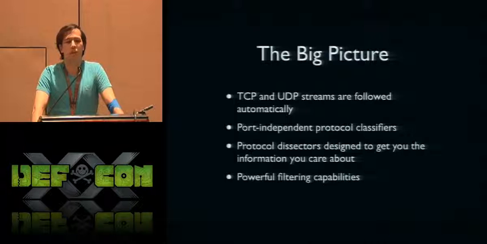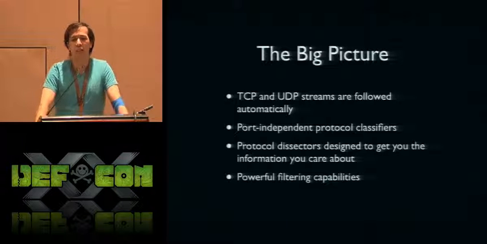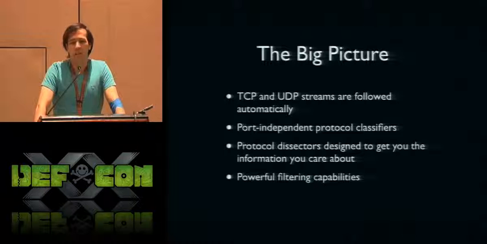But even better than that, the protocol classifiers have the ability to give the program information that they can filter on at an application level. So one example is the HTTP classifier and dissector allow you to filter your HTTP traffic by user agent or by whatever URL they're requesting, by whether or not it had gzip encoding, anything like that.